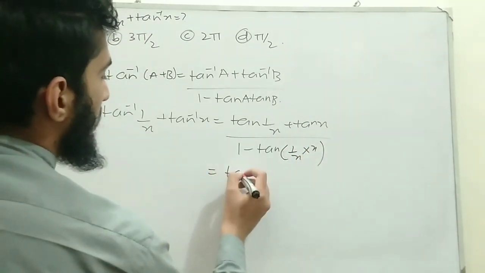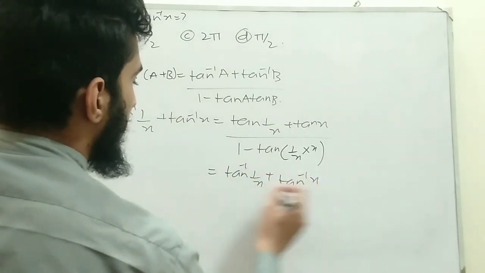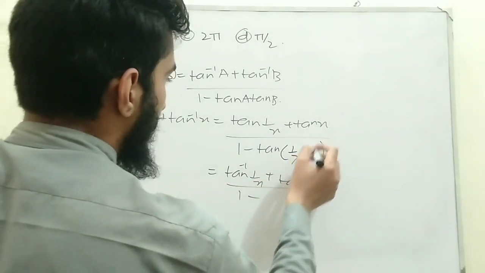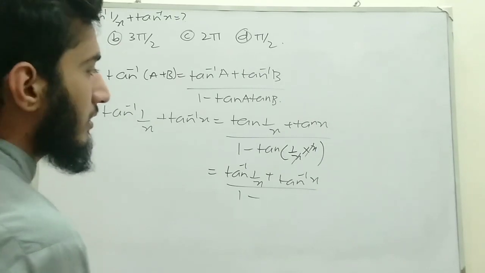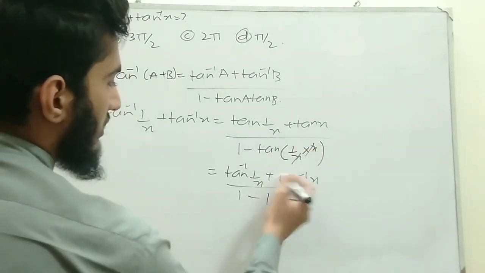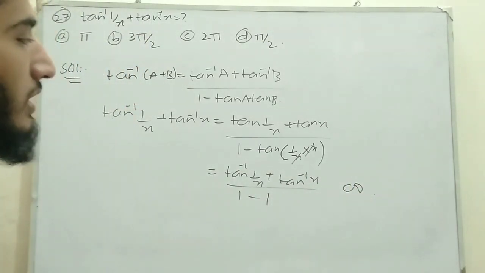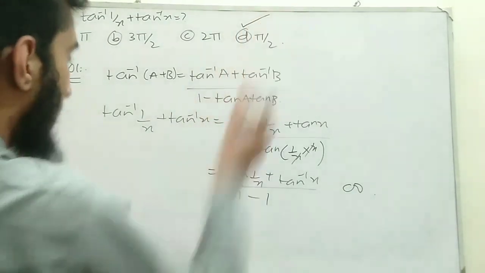So it will give us tangent inverse of 1 over x plus tangent inverse x divided by 1 minus 1. Tangent of pi by 4 is equal to 1, and 1 minus 1 gives us 0, and something divided by 0 gives us infinity, and tangent is infinity only when the angle is 90, and angle 90 is equal to pi by 2, so the correct option is option number D.